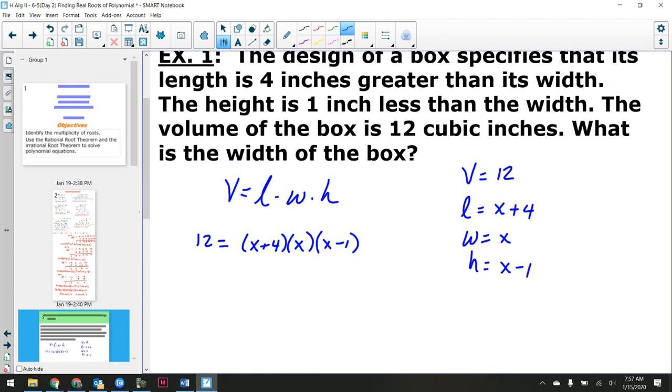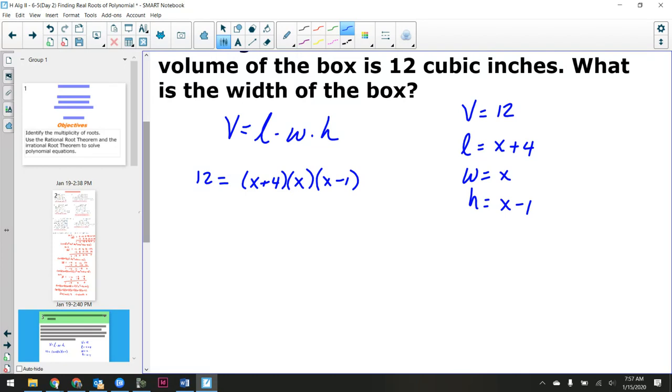Let's do it. Let's multiply. Let's just multiply those two together real quick. 12 is equal to x squared plus 4x times x minus 1. And then let's FOIL that.